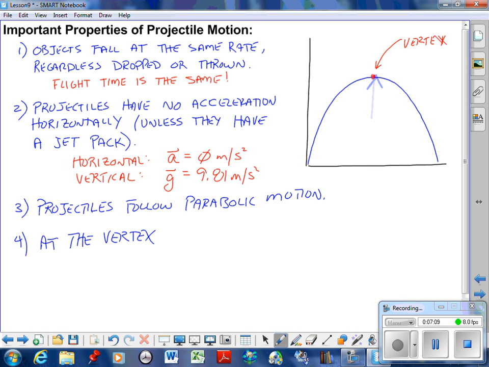So at the vertex, the vertical velocity is 0. Just for one brief moment in time, that object is going to come to a stop and then fall back to Earth. So projectiles follow parabolic motion. At the vertex, the vertical velocity is 0 meters per second. Those are some of the key properties of projectile motion.